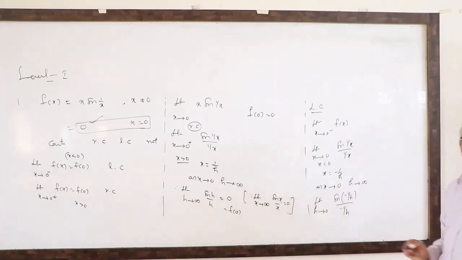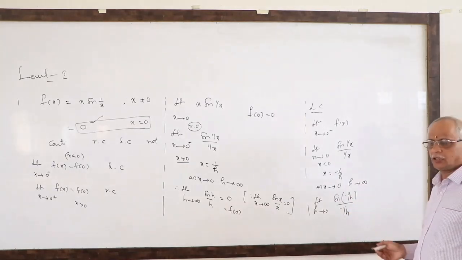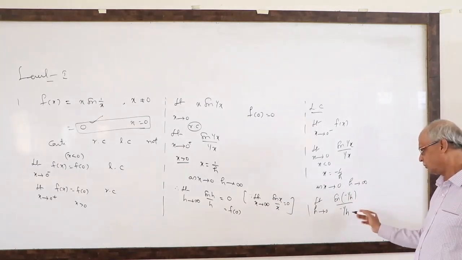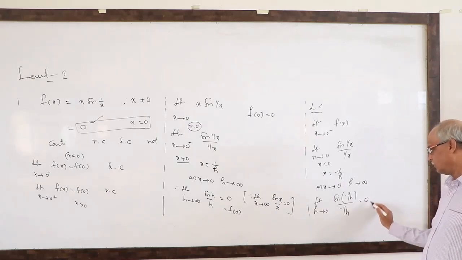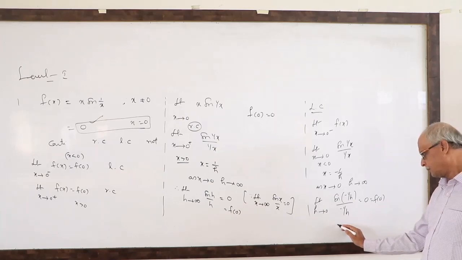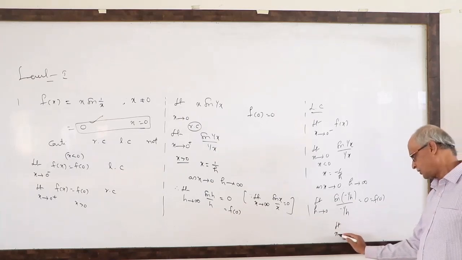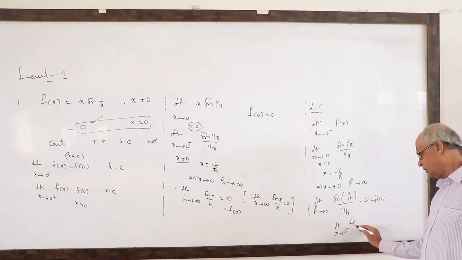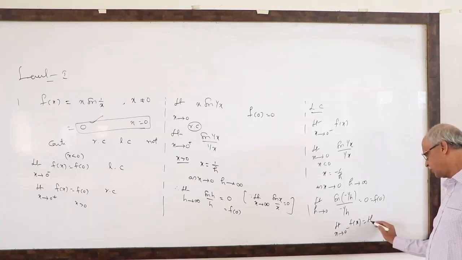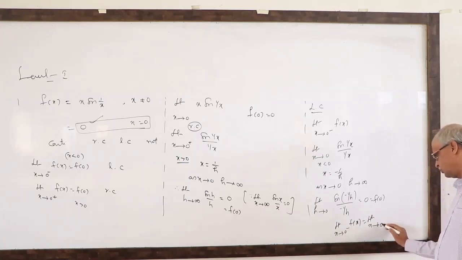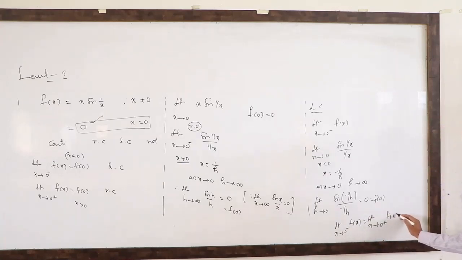Anyway, positive only. Sin of minus theta is minus sin theta, otherwise both are same. This is also 0. That means what is the observation? Limit x tends to 0 minus f of x is equal to limit x tends to 0 plus f of x is equal to f of 0.